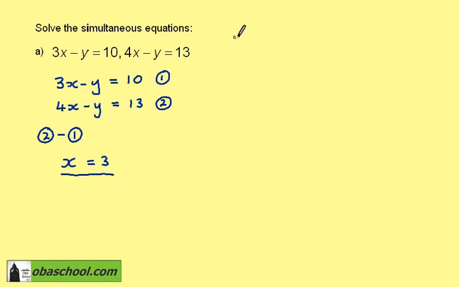Substitute this into one of the original equations. In this case, I'm going to use number 1. If x is 3, then 3 3's are 9. So we have 9 take away y is equal to 10.